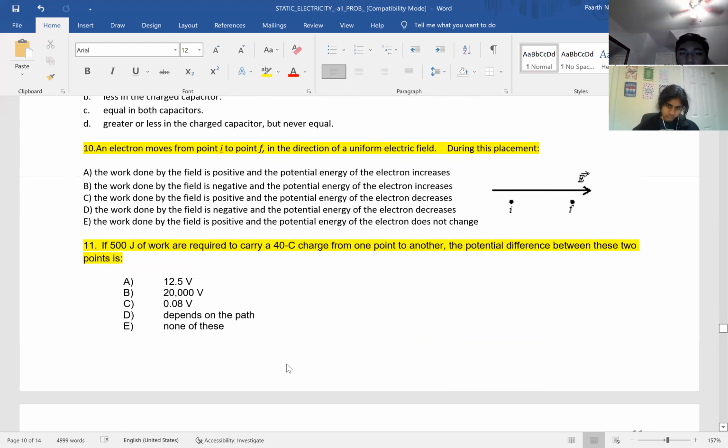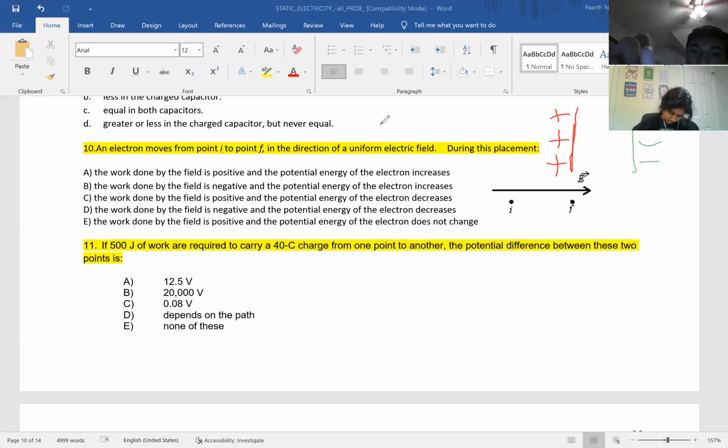So it says an electron moves from point I to point F in the direction of a uniform electric field. Before answering this question, you should probably know what the positive and the negative side look like. Let's say we have a capacitor which has equal and opposite magnitude and direction, with a positive side and a negative side.